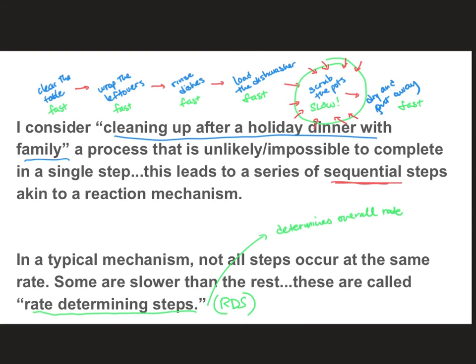However, adding more people to clear the table won't really help the overall process go faster. Adding more people to rinse the dishes isn't going to help, okay? And so adding more reactants in a rate determining step does speed up a reaction, but adding reactants to an already fast step does not help the reaction get faster.